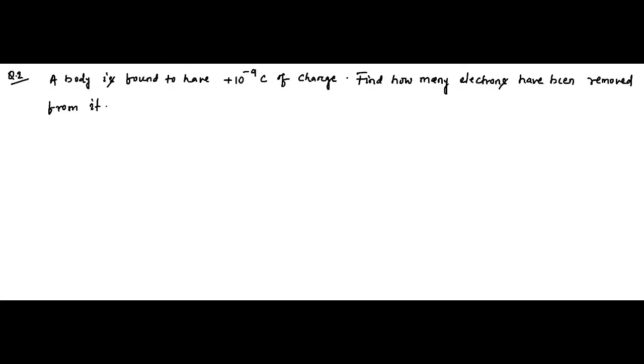So here is another question on electric charge. It is given that a body is found to have plus 10 to the power minus 9 coulomb of charge. Find how many electrons have been removed from it. So again, this question is based on the electrical neutrality of atoms.